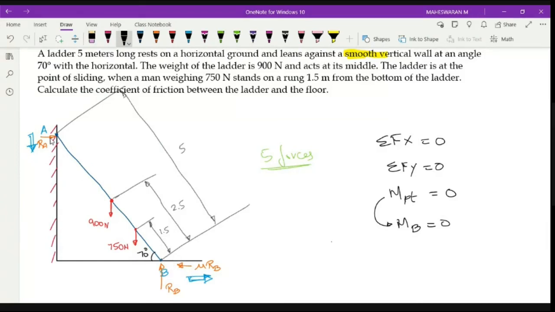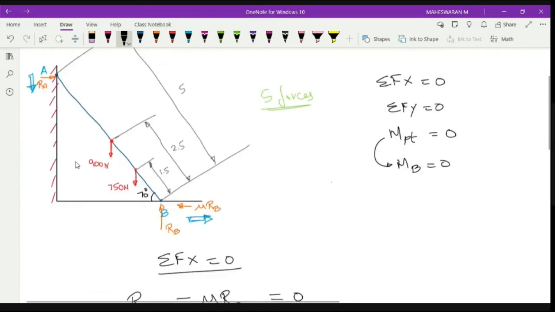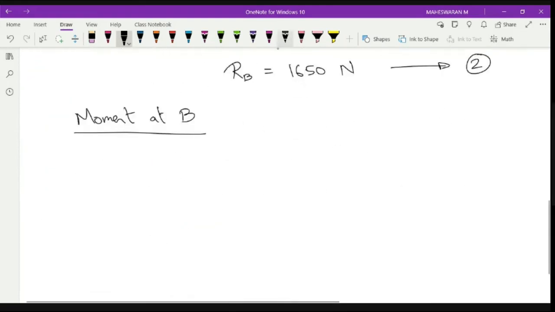So let me consider RA. This is my force. The perpendicular distance is my vertical distance, right? So it is like this. So you have a vertical line, something like this, right? This is 5 meter.